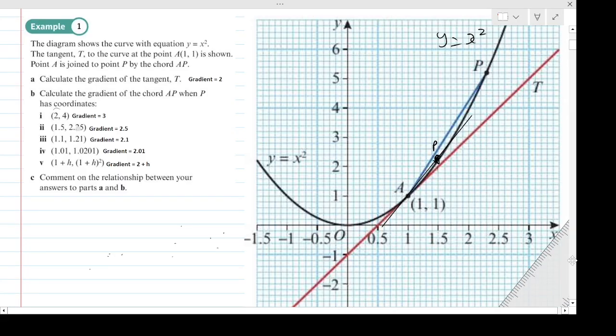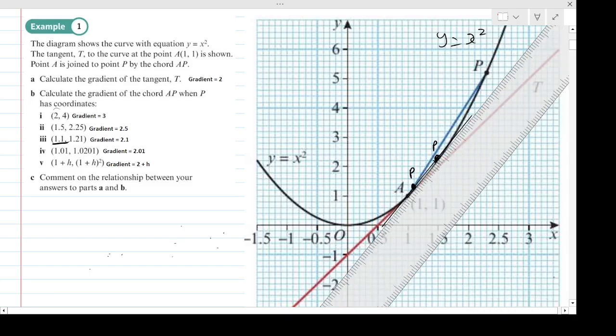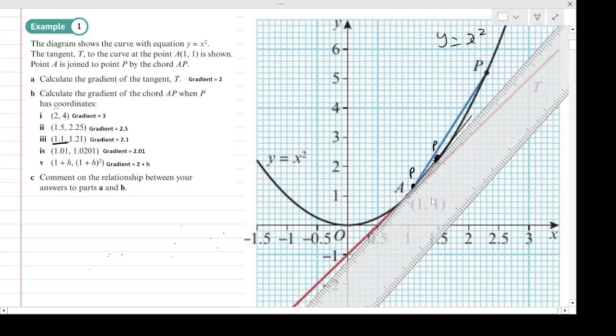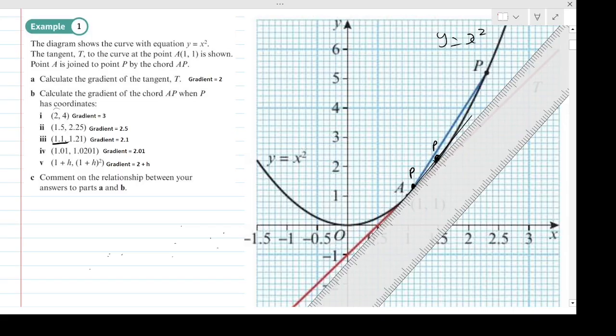Now, what I did then is move P even closer to A. What if P is 1.1, x is 1.1 on my curve? So 1.1 would now be about here. With this new line from A to P, I need to move my line a little bit more to compensate, and with this new point the gradient is now 2.1.